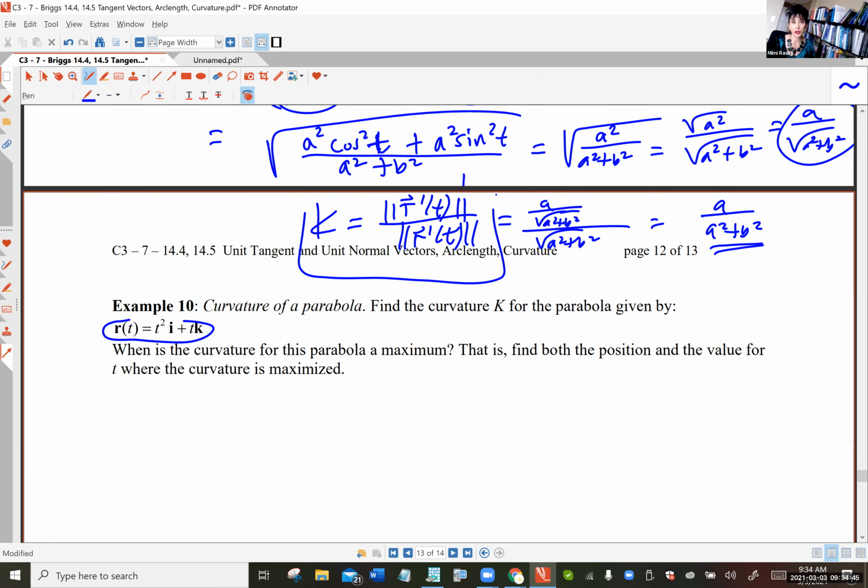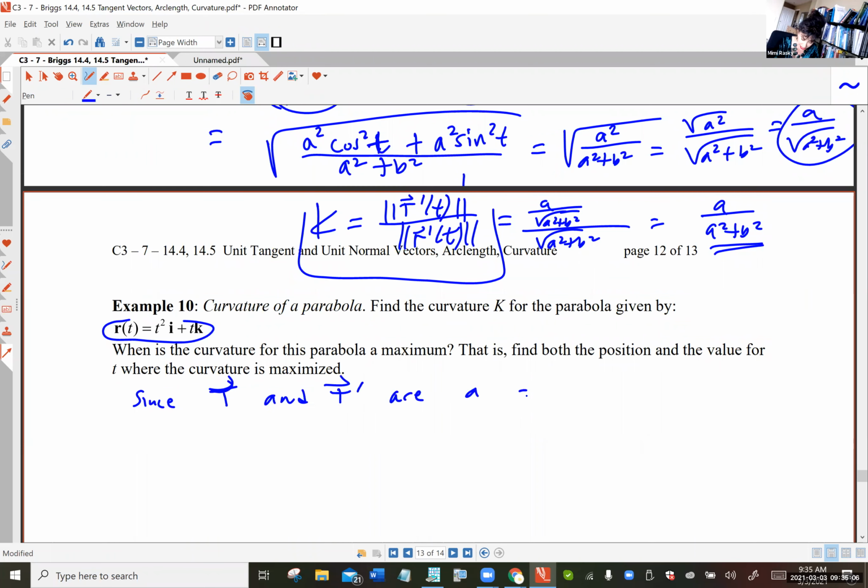So the curvature is going to be found much easier using that other formula, since T and T prime are going to be a challenge. And by challenge, I mean it's going to take a long time to get those derivatives, quotient rule and all that other stuff. Terrible. Let's use a different formula for curvature.